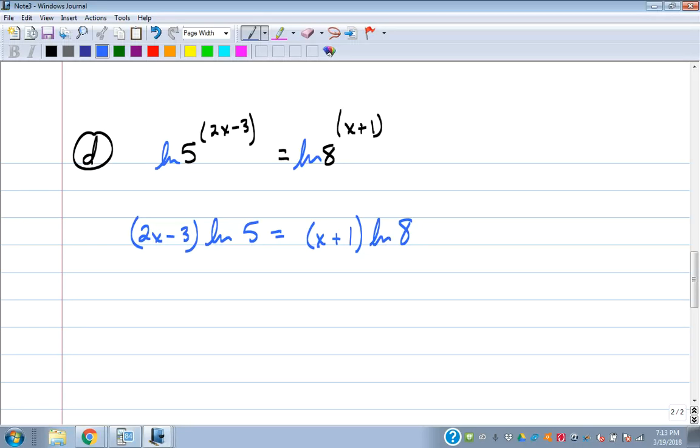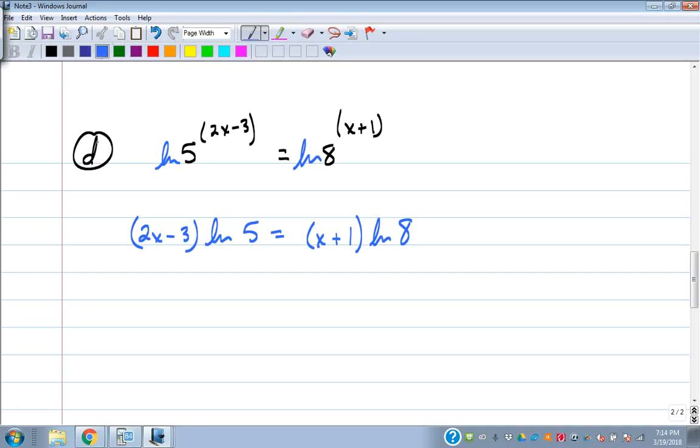If there wasn't an x over here, we could just divide by the natural log and get it out of the way. But because there's an x over here, we can't do that. So we're going to have to distribute both of these on each side. That makes this problem a little bit longer, a little bit tougher.